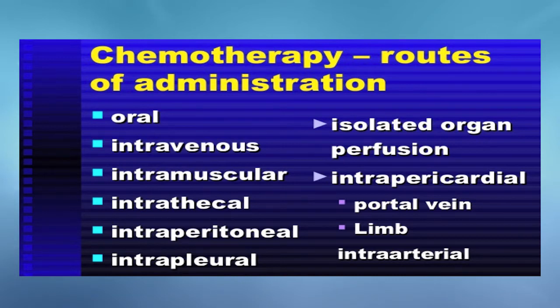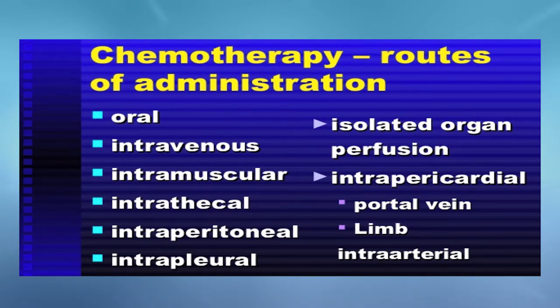As for the route of chemotherapy, almost all the routes used to deliver medicine from outside to the body are used in chemotherapy. The very common route is intravenous access, but it is also available orally, intraarterial, intracavitary, intraperitoneal, intrapleural, isolated organ perfusion, and even intrapericardial, in addition to intravesical and intrathecal.